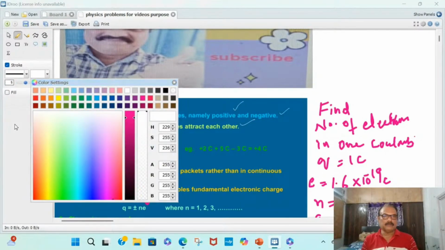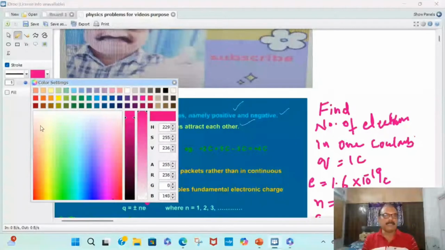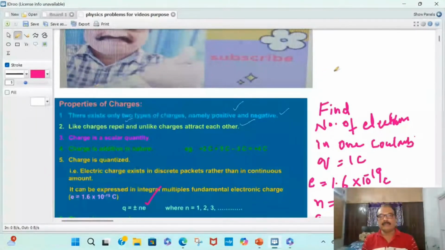When two bodies, one is glass, another one is plastic, rubbed with silk and wool, so opposite charges will be obtained. The glass rod, okay, it is suspended, and this is positive.